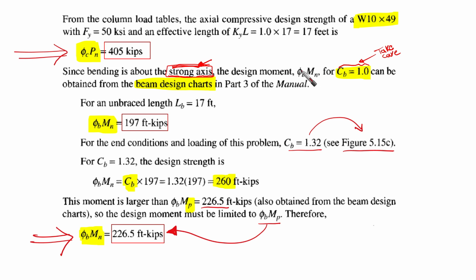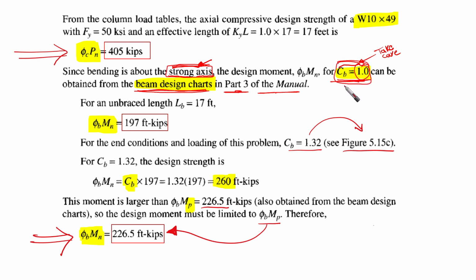The design moment, which is phi_b M_n, for C_b equal to 1 can be obtained from the beam design charts. As we said, design charts accelerate the solution of your problem. You can visit this in part 3 of the manual, and you are going to find all the charts are related to C_b equal to 1.